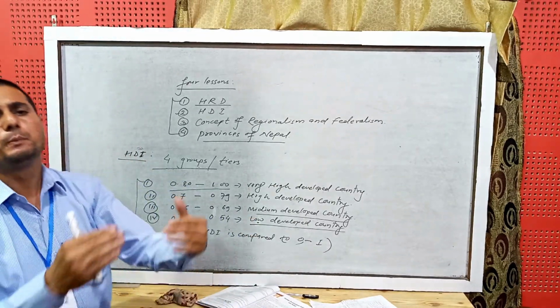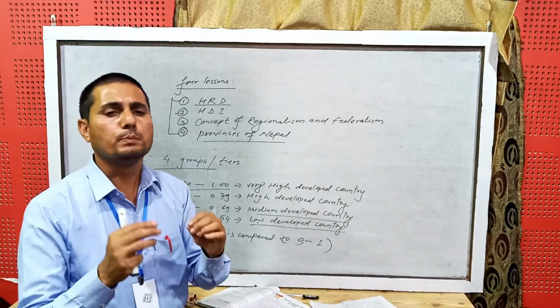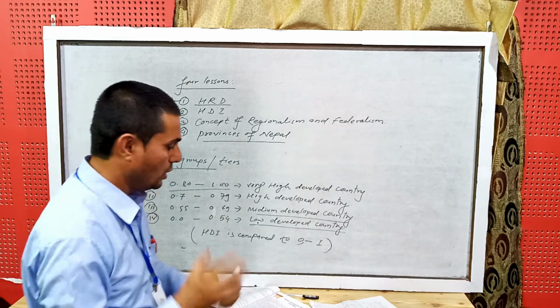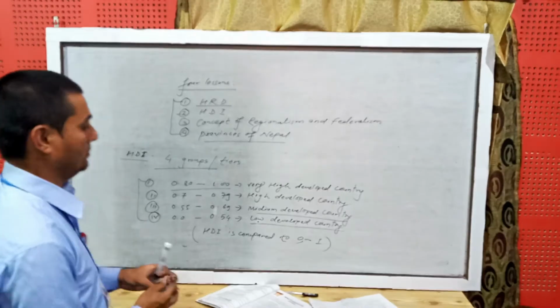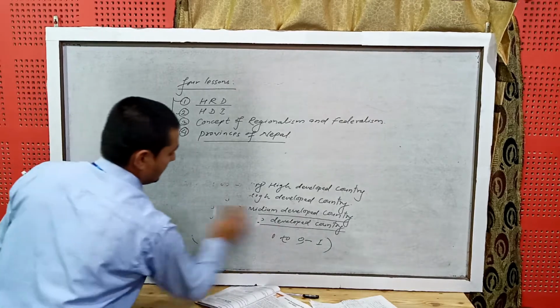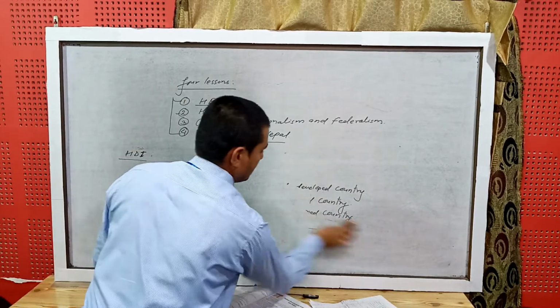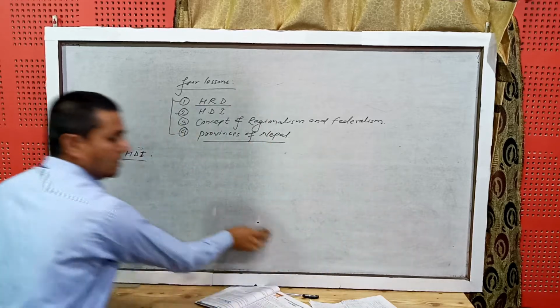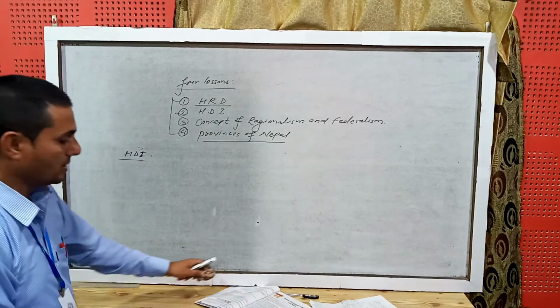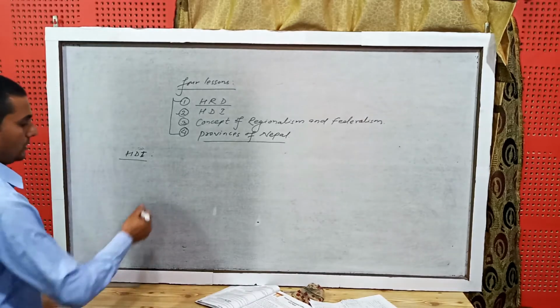Means how to improve the HDI of a certain country. Measures to improve the HDI of a certain country. We'll discuss it now. Dear students, if it is possible, please write some notes on it too.